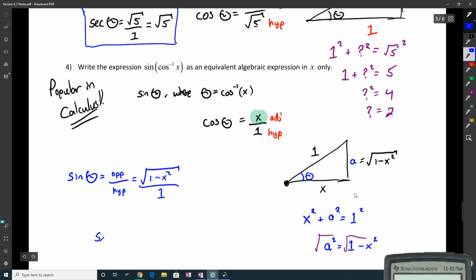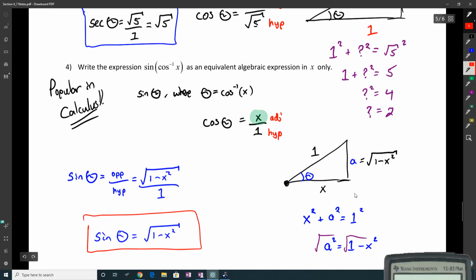And so we just finish it off by saying, all right, sine of theta is just the square root of 1 minus x squared. And so that's the hardest one in this section. Good times?